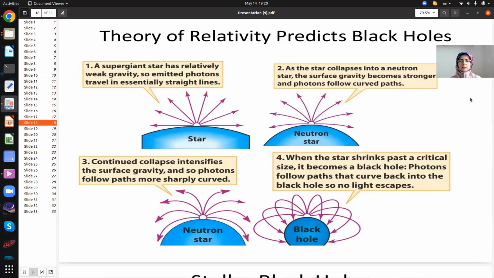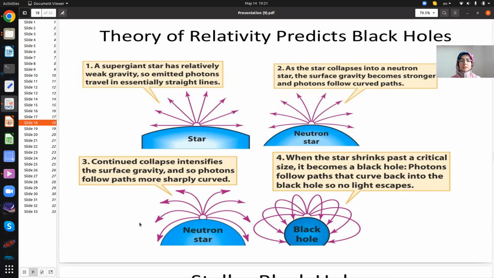The theory of relativity predicts black holes. A supergiant star has relatively weak gravity, so emitted photons travel in essentially straight lines. As the star collapses into a neutron star, the surface gravity becomes stronger and photons follow curved paths.